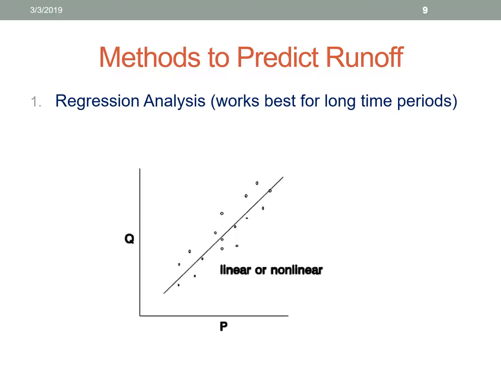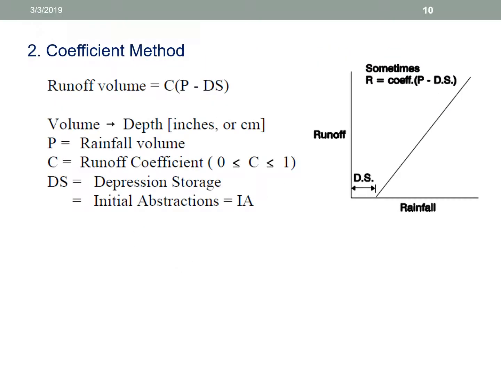Let's say you had more than 15 precipitations, and you calculated runoff for each one, and then you plotted the points and fit a linear or non-linear regression. Here it is linear, and you can predict the runoff for future precipitations.